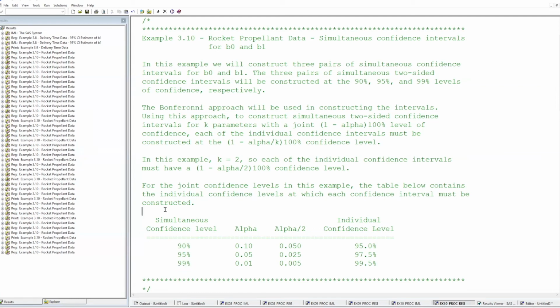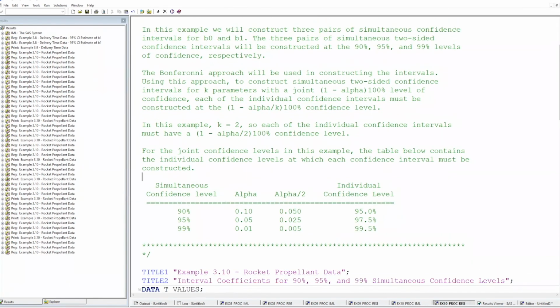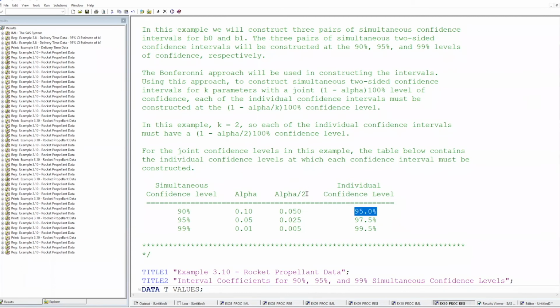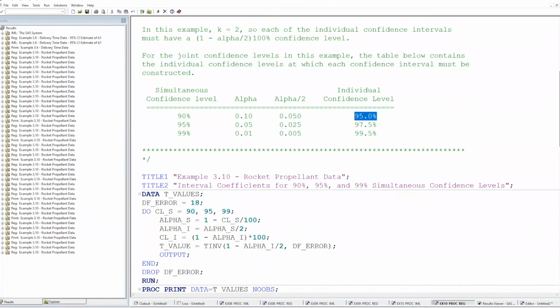So that's the approach that we're going to use. And we need to know the values in the alpha over 2 column, because these are the values that we're going to supply to PROC REG to tell it how to construct the intervals. The default is for PROC REG to construct individual 95% confidence intervals, but we can adjust that by specifying different values, and it will construct the appropriate intervals.